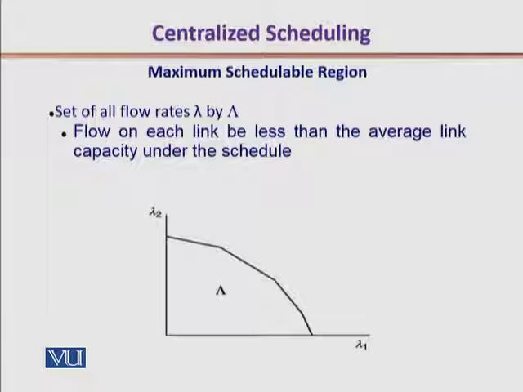Here we see that the flow on each link would have to be less than the average link capacity under the schedule. And why is that? Because we are constrained. We can never exceed the overall link capacity, the average link capacity of the whole network. So by and large, the link capacity allotment for each flow is going to be less than the average.